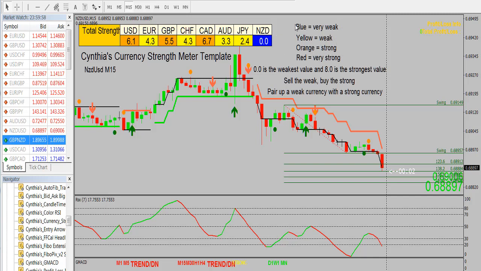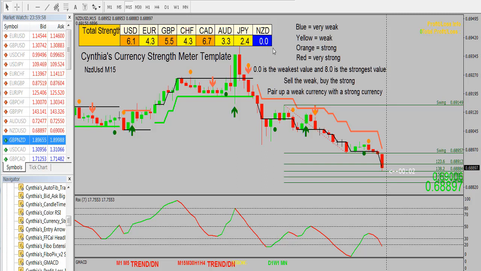So it's better to find some trends which are in the medium range, which is between the yellow and the orange, and then you have possibility of catching the beginning of a trend and not just entering when the trend is already over.